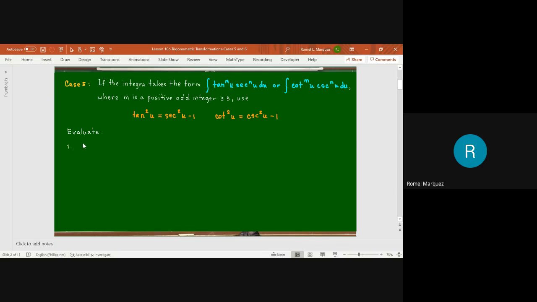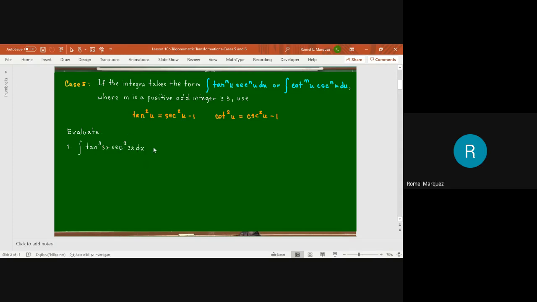Number 1, integral of tangent cubed of 3x secant to the 9th of 3x dx.